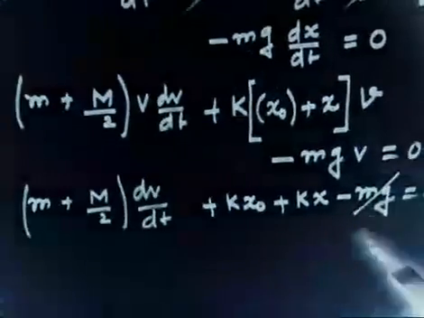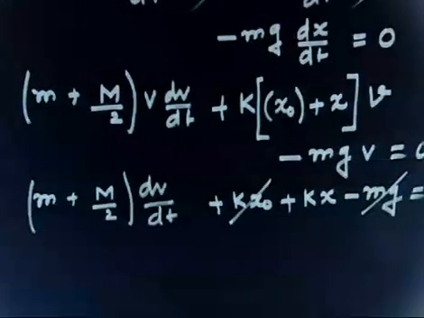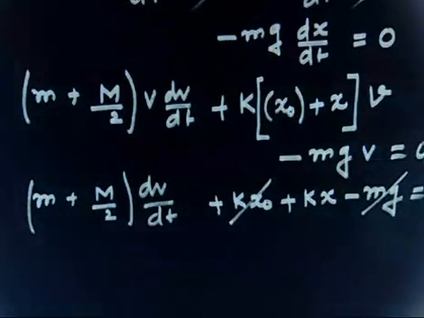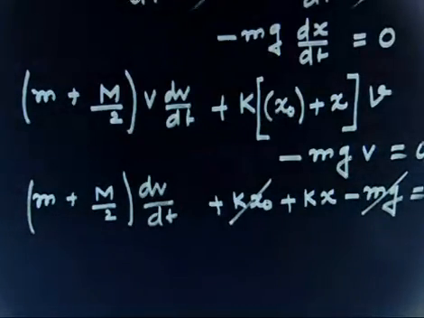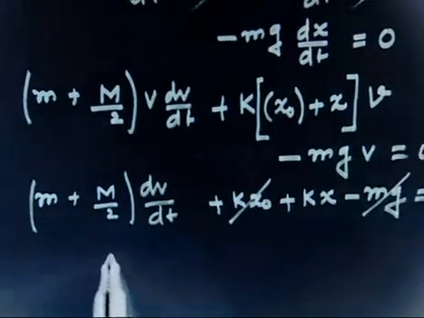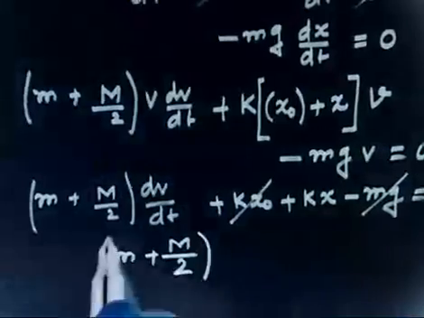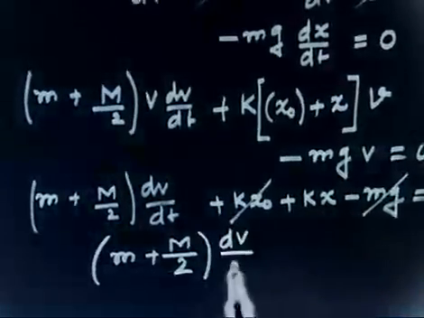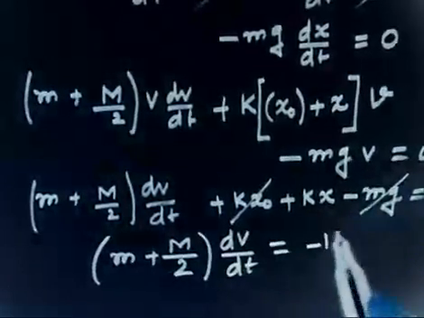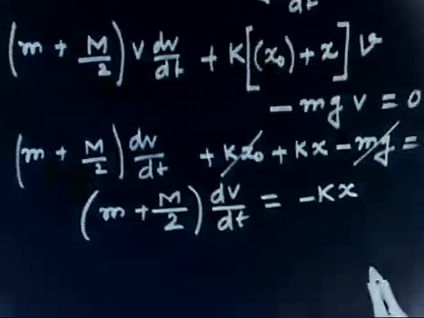Now k x naught equals m g, that is the equilibrium condition. If you see back, the equilibrium condition we have written is k x naught equals m g. So from here we get the same equation: (m plus M by 2) dv by dt equals minus k x. Are you getting?